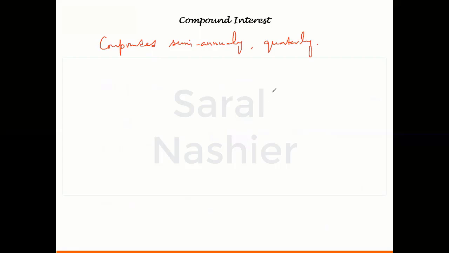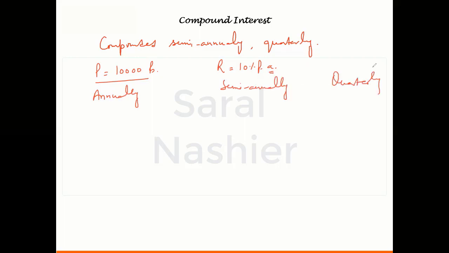So what does this mean? I'll compare the two cases that we discussed in the previous question and now in this question. If principal is 10,000 and rate is, let's say, 10% per annum, in case it is compounded annually, semi-annually, and quarterly, what difference does it make?